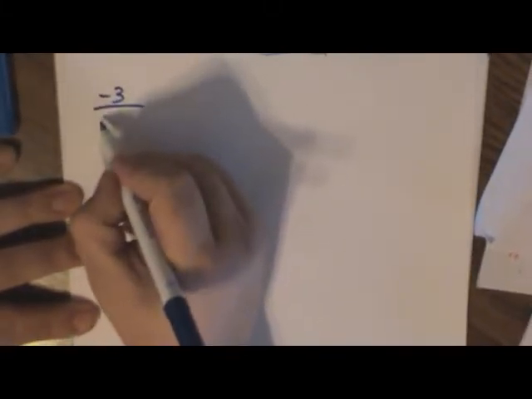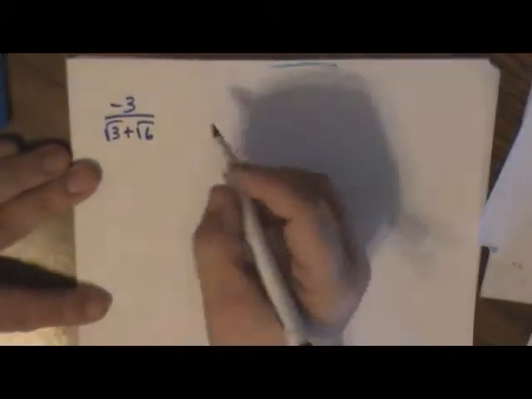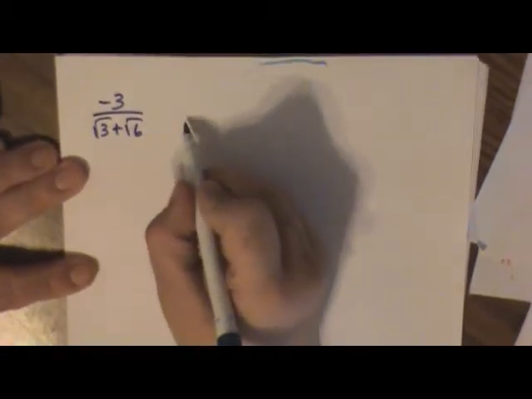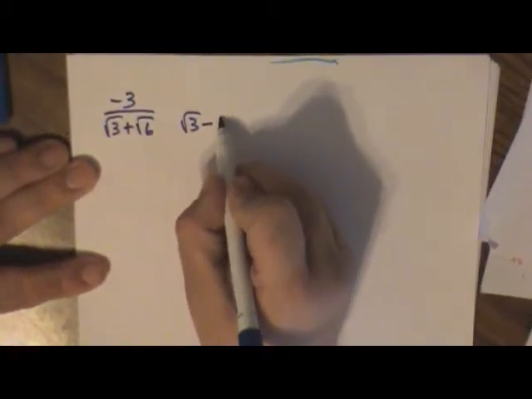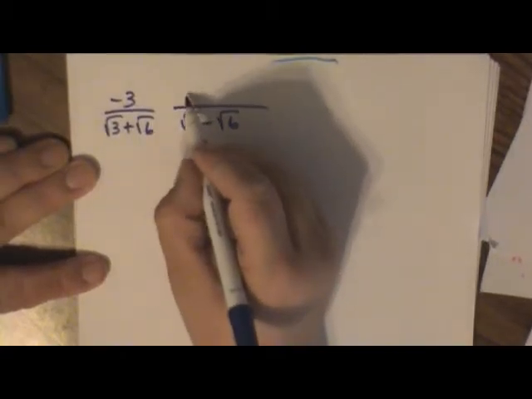Okay, let's go back and try to do some more. So we have this one. Since there's 2 terms in the bottom, you have to use the conjugate to rationalize it. So the first number stays the same, but we change the sign of the second one.